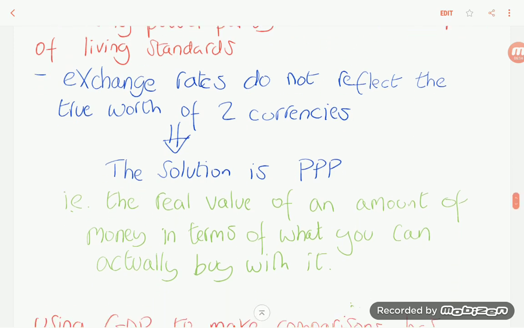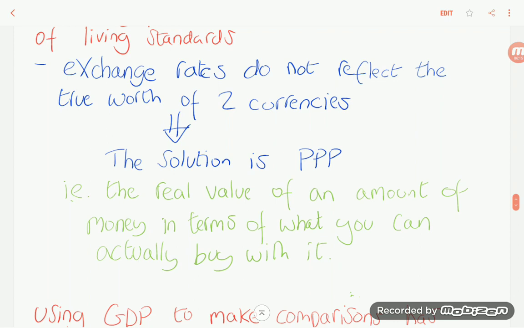Purchasing power parity is the real value of an amount of money in terms of what you can actually buy with it. This can vary between countries. For example, in a less developed country like Malawi, $1 will buy more goods than in a more developed country like the UK.